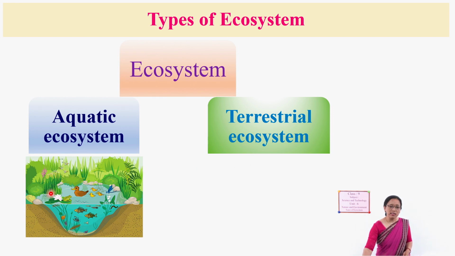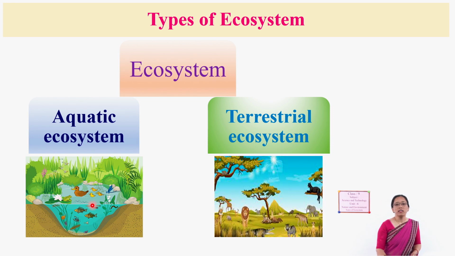Inside the pond, various types of organisms are growing. The interrelationship between the aquatic organisms and the aquatic environment, or the physical factors of the aquatic condition, is called an aquatic ecosystem.